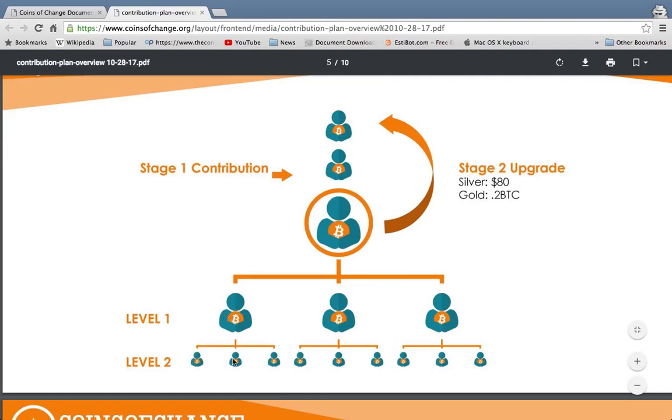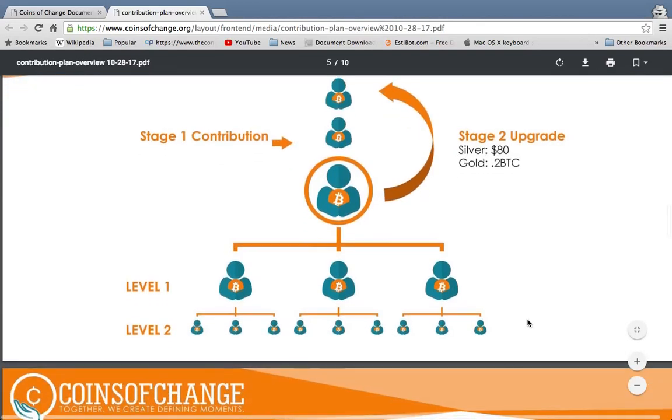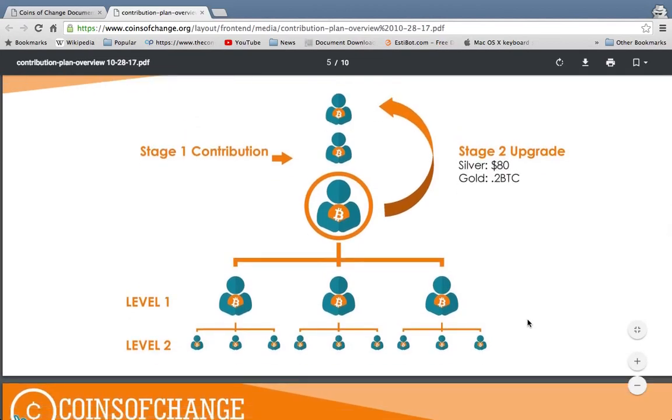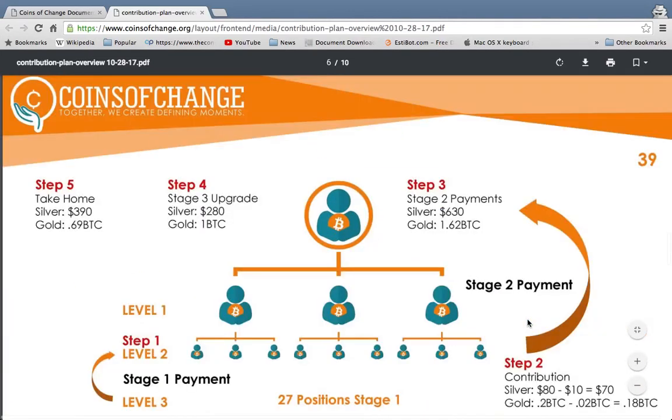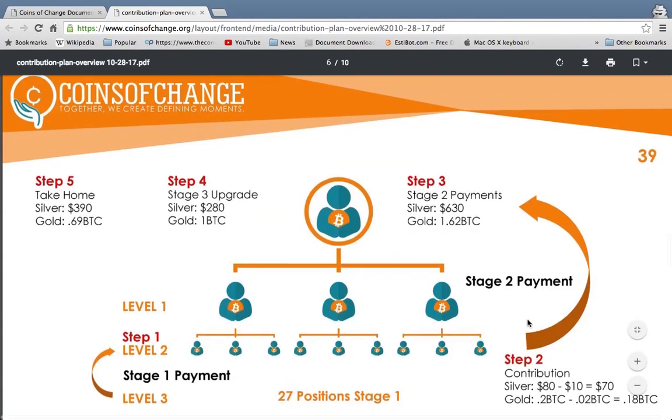So when they each bring their 3 contributors, they're upgrading to stage 2 because now they have their 3. And all 9 of these people are on stage 1, which is this person's level 1, and they're soon going to be upgrading. Okay, so now your crowd is starting to grow a little bit, but stay with me.